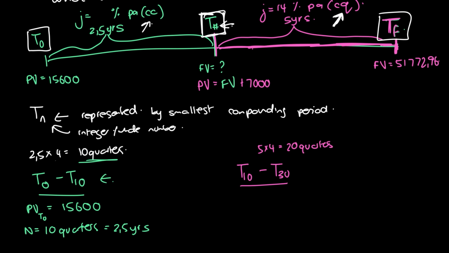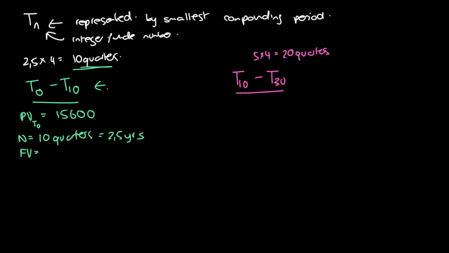So we currently still need the future value at T10, and we still need the interest. So we have 2 unknowns, and that's going to help us, particularly if we do get confused. If we have 2 unknowns, this is not the part we need to start with.